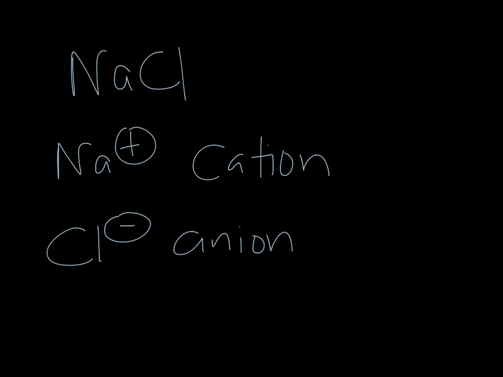Those on the right-hand side tend to gain electrons and become anions. So when naming ionic compounds, the cation is just going to have its normal name. So that's a sodium ion, but we're just going to say sodium. And then that's a chloride ion. So instead of chlorine, we're going to change the end to -ide.